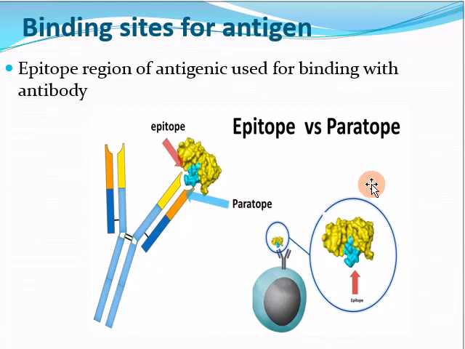Now what you have to understand is the structure of antigen and antibody. There are two sites where antigens and antibody bind to each other. For example, the antibody or the immunoglobulin has a paratope on the variable sites.